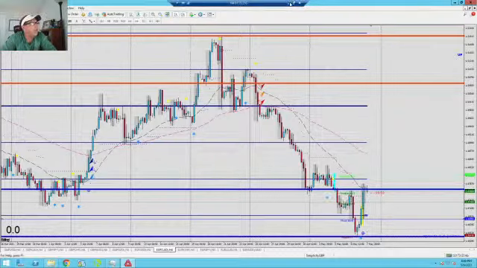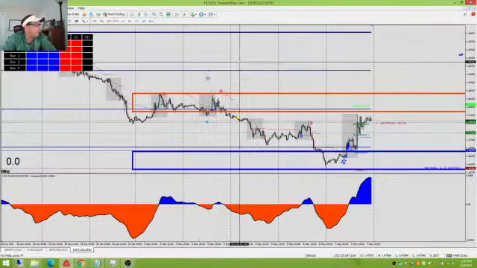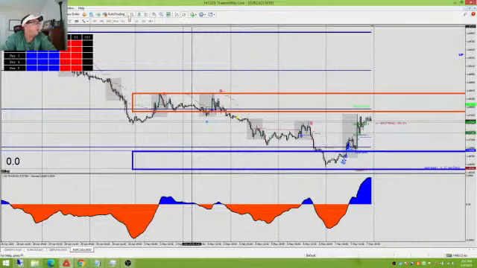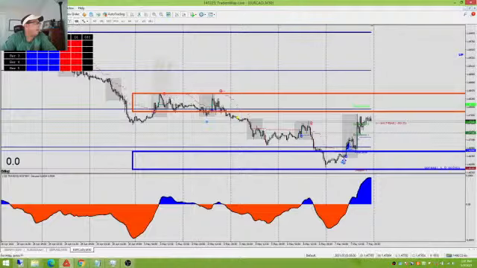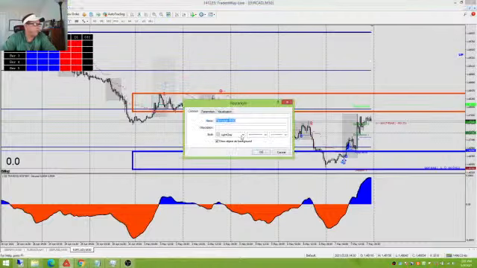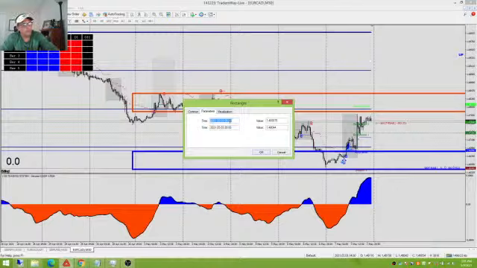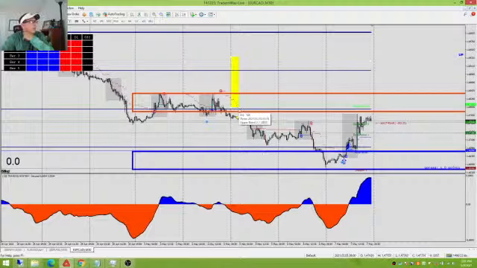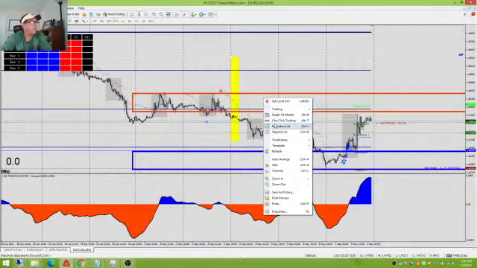So what I can do is go back over to EuroCAD on my local on a lower time frame and basically add that same rectangle, four hours. So it's basically anything after that point, then I can take signals on the current time frame.